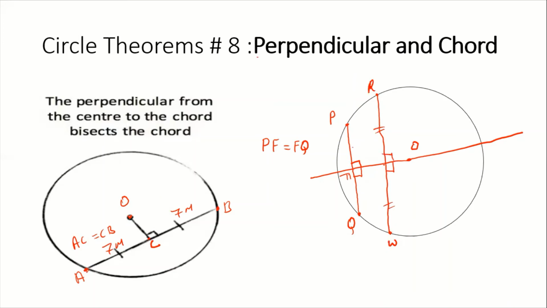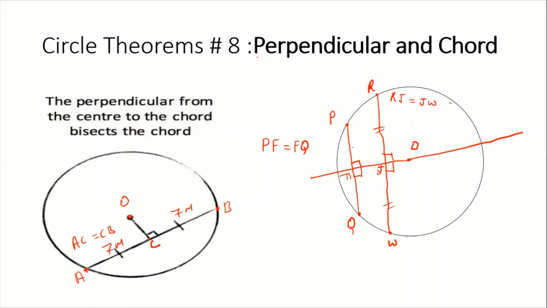Right? So if this point that we have here is say J, that point there where they intersect is J, what I am saying is that RJ is going to equal JW. And the angle that is formed is going to be 90 degrees.